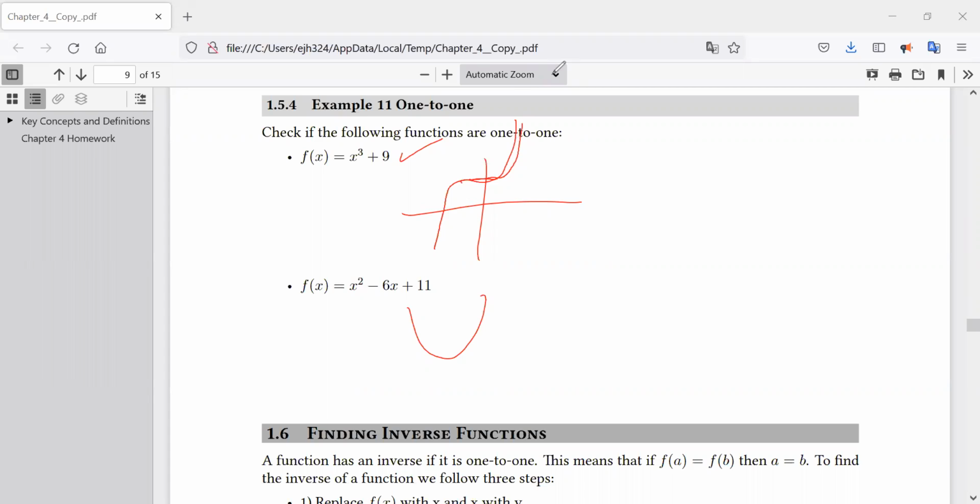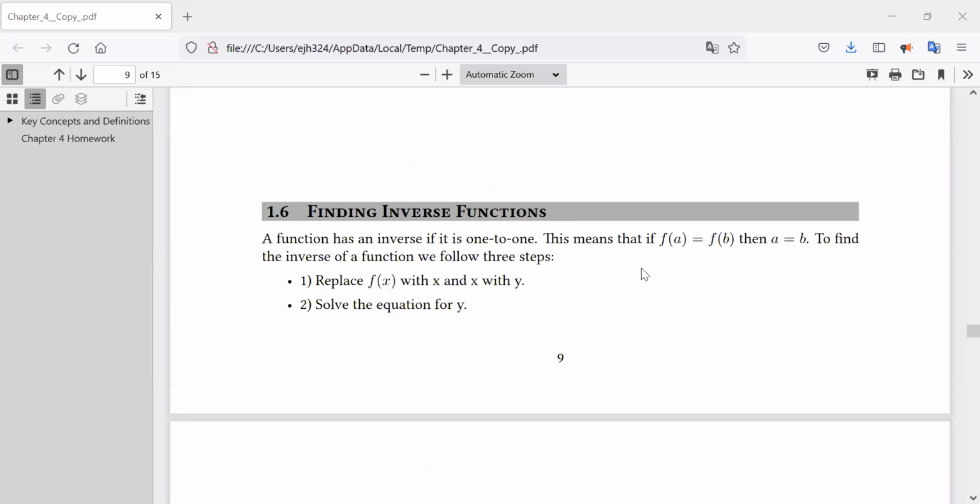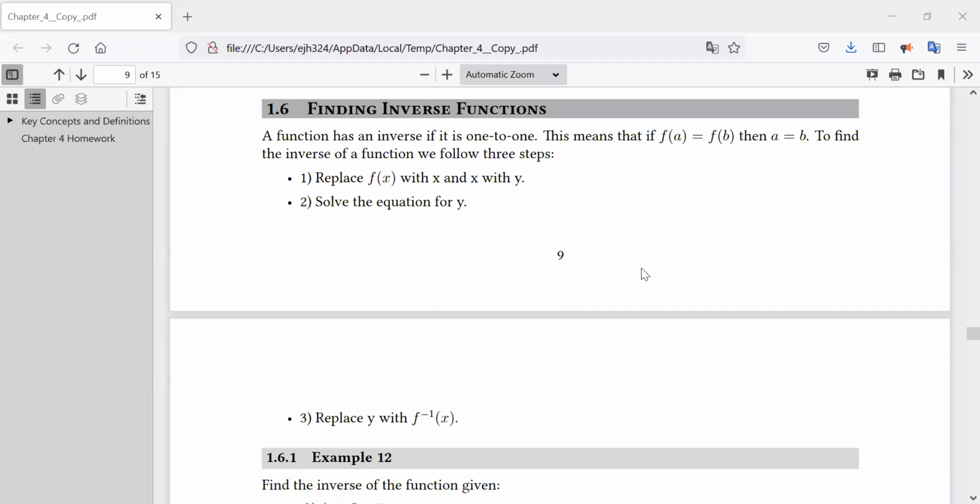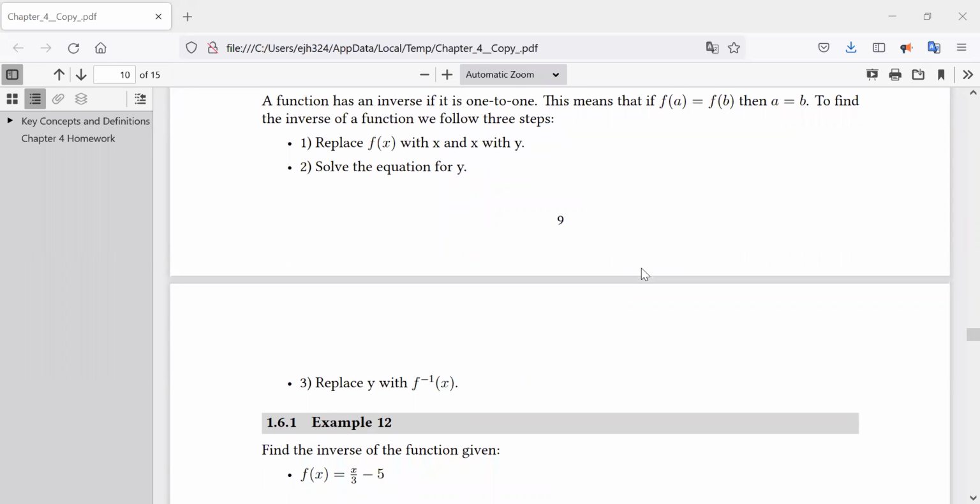So we have an actual method for step-by-step solving for the inverse. And the first thing is we're just going to get rid of that f of x and replace it with y.